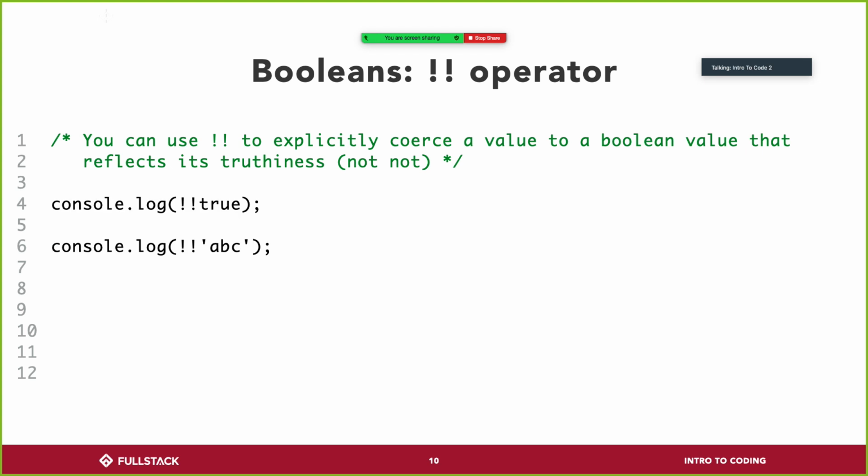Now double not, I don't use this frequently, but this basically does the same thing as Boolean. I think it's just another way to use Boolean. I guess it's a shortcut if you don't want to type out Boolean, then you can use double not, and that'll convert that value to a Boolean value.